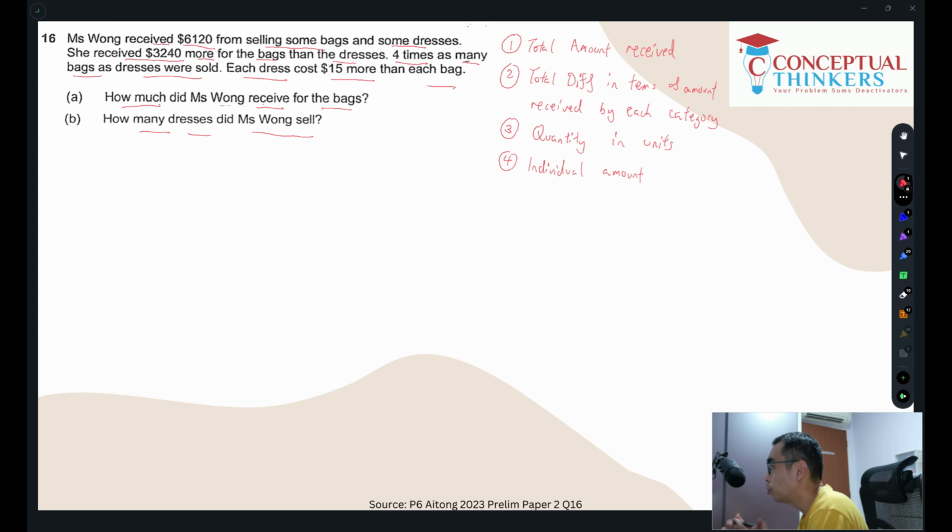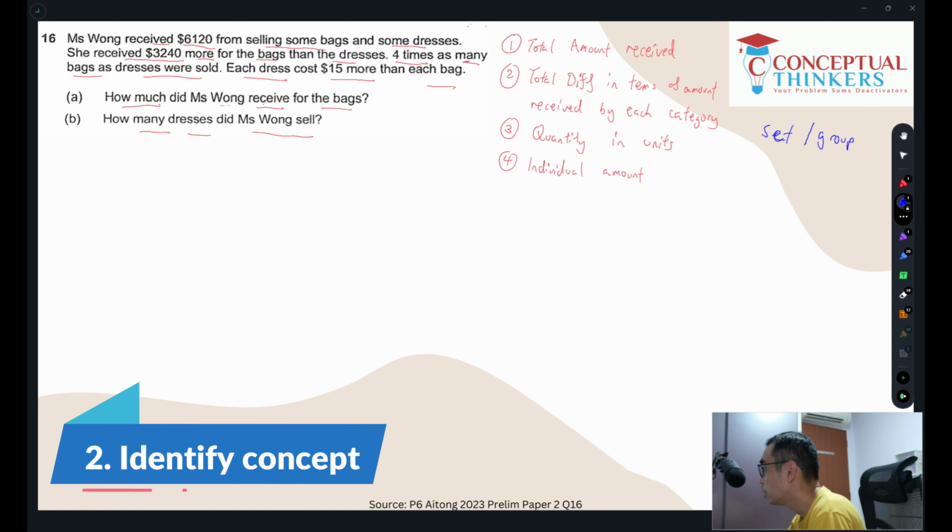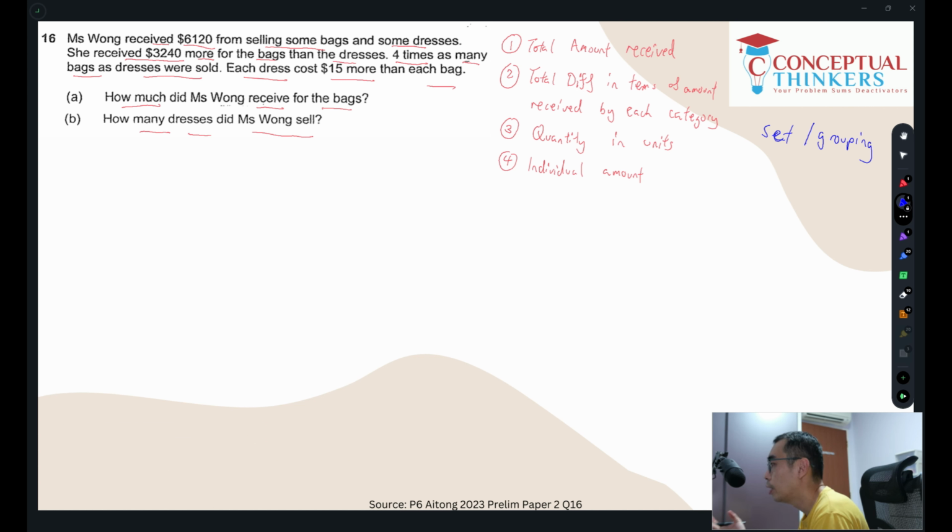They may not tell you the cost of each dress and each bag, but they tell you the difference of individual amount. Once you have these 4 pieces of information, we are pretty clear they're testing us on the concept called set, or grouping. This is how we are able to identify the concept.